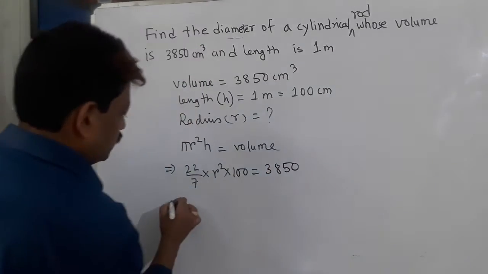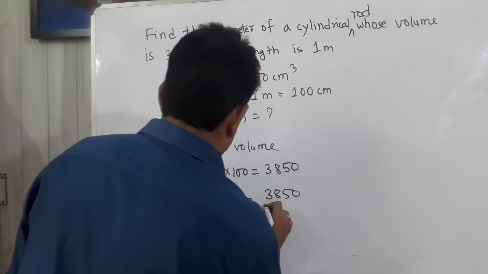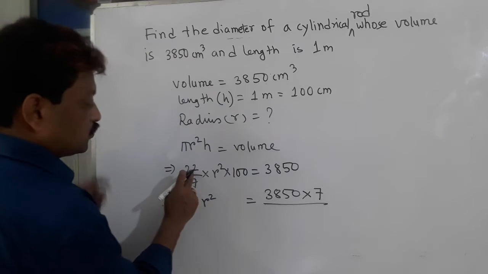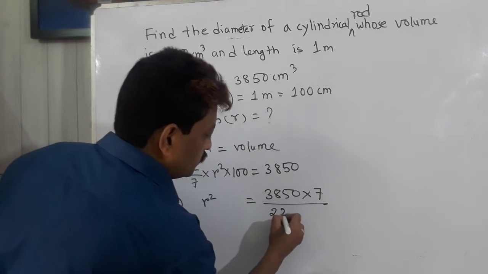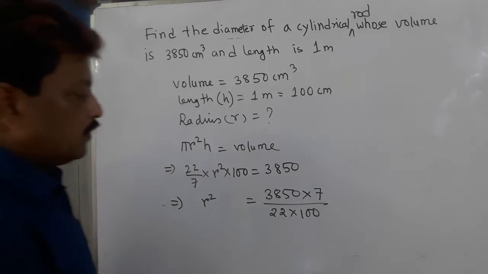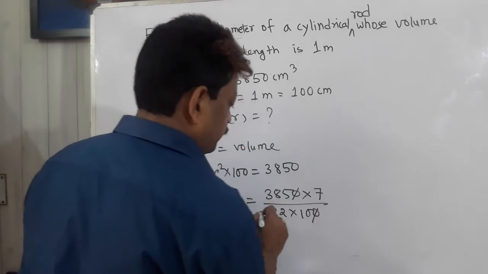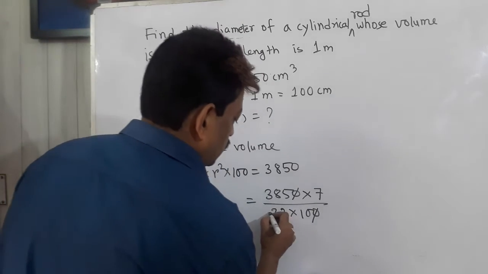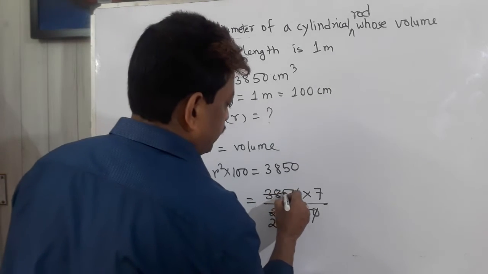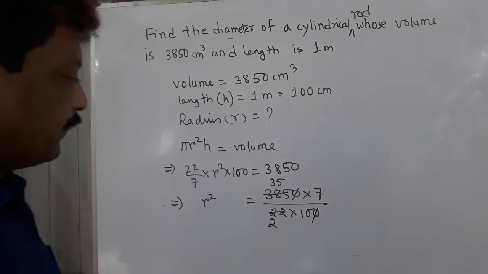Equals the volume, 3850. Now r square is 3850 multiplied by 7. This 7 will go to the right hand side and become the numerator, and this 22 and 100 will come to the denominator. Okay, now let us calculate this one. 22 will be cancelled by 11, so it will be 2, and 385 will be cancelled by 11, so it will be 35.